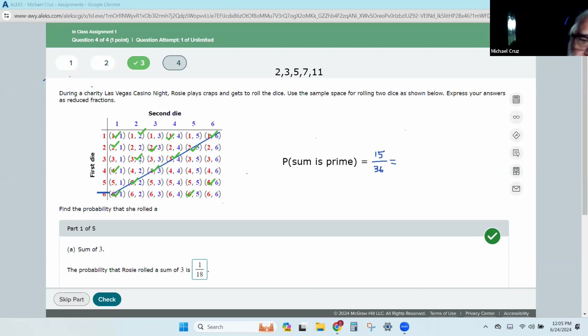Then we skip to the 7s. 8, 9, 10, 11, 12, 13. And then that's all the 7s. None of the 9s or the 10 don't. So it's 15. So 3 goes into there 5 times. And 3 goes into 36 12 times.